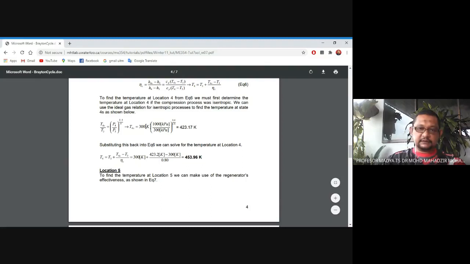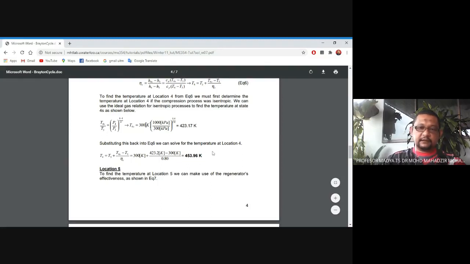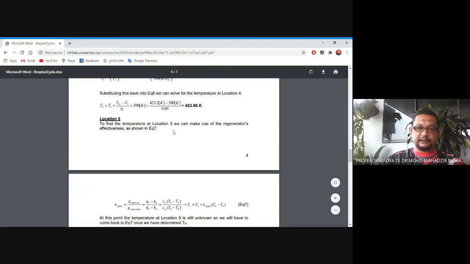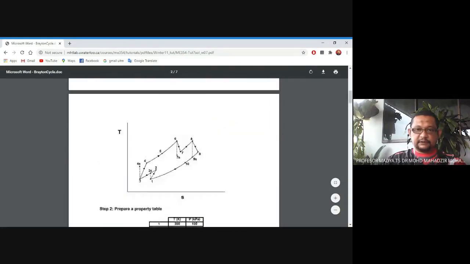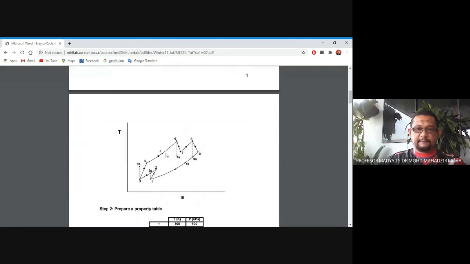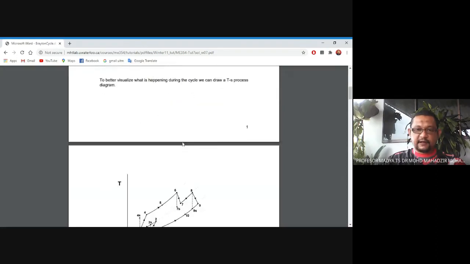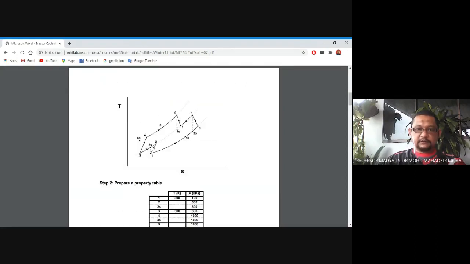Okay, then to find the temperature at state number 5, we have to make use of the regenerator effectiveness. We see in the picture T5 here. So you have to use the regenerator effectiveness equation, which is given in the question.